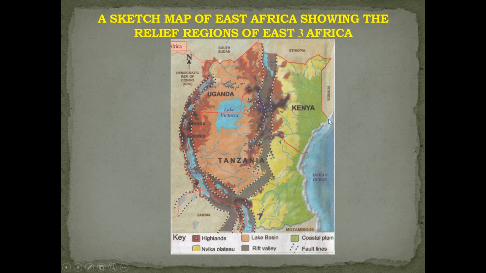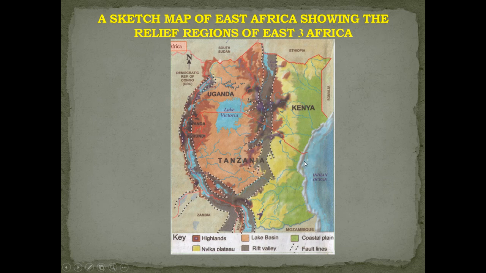So stretching from this part of Kenya, actually Somalia, and then down to Tanzania, this is what we call the coastal part of East Africa. It is where the land joins the water or the ocean.